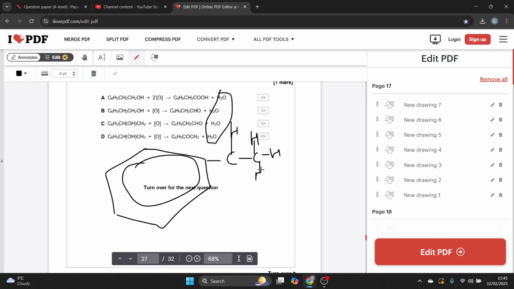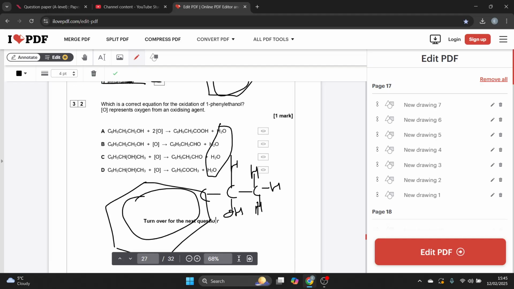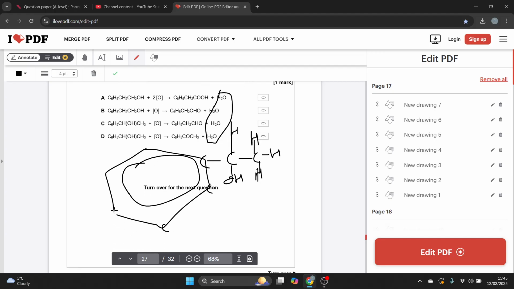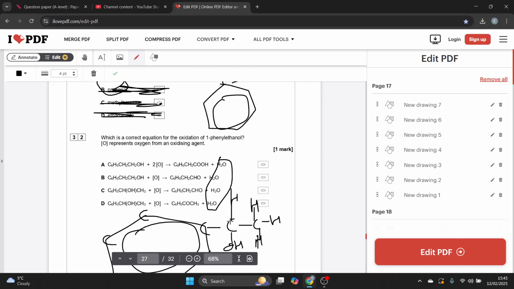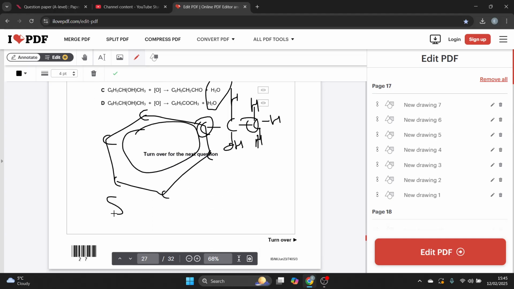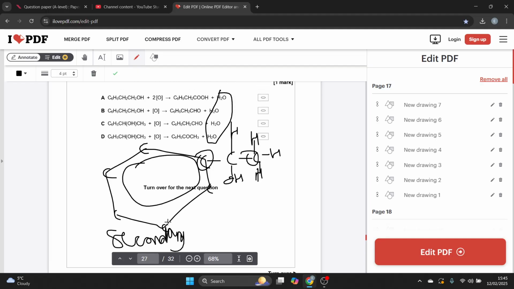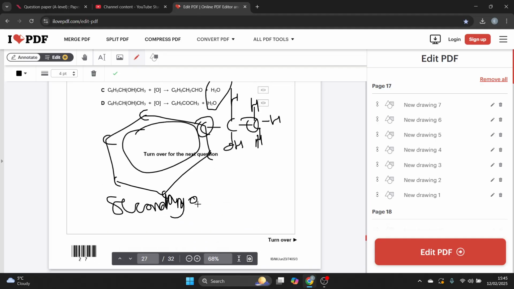Obviously the OH group has got to be attached to this first carbon, attached to the phenyl group as well. And remember, these just represent carbon, so there's 6 carbons, 1, 2, 3, 4, 5, 6. If I look at this carbon the OH group is bonded to, it's a secondary alcohol. So 1-phenylethanol is a secondary alcohol.